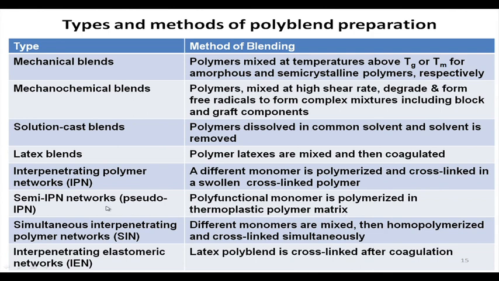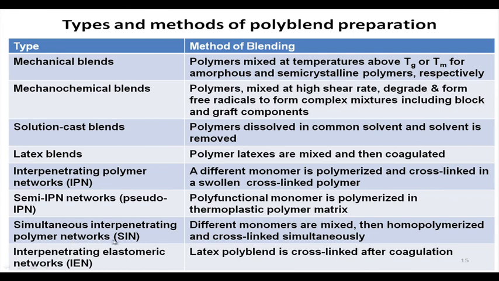So, that is known as semi-IPN. Since it is thermoplastic, it is not cross-linked, whereas this polyfunctional monomer having functionality more than 2 will form a 3-dimensional cross-linked network. So, this is cross-linked, this is not cross-linked. So, we call it a semi-IPN network or pseudo-IPN network polymer, network blend.